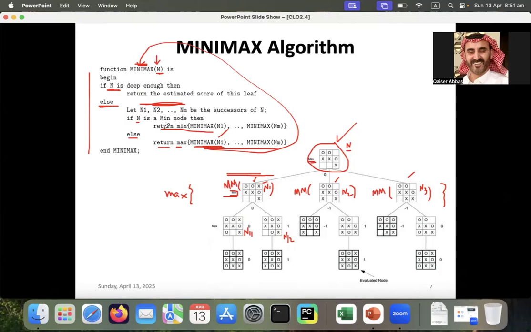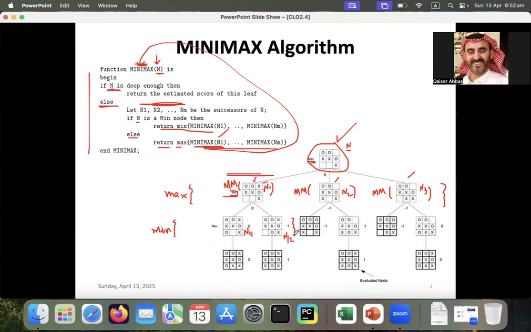Return min, curly brackets. It means that I have to write min here, curly bracket, and min, and then this curly bracket is ending here.